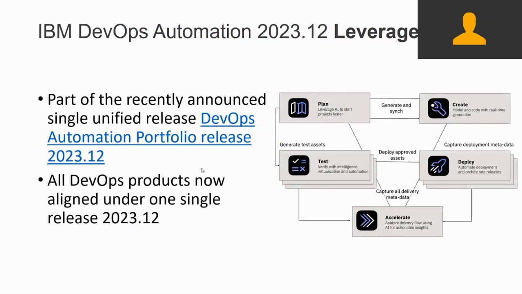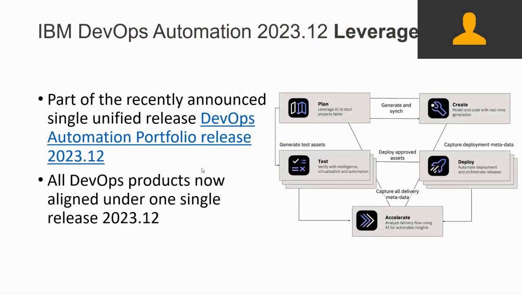But as a summary, I can say that the DevOps portfolio has been aligned into 5 big pillars. One is the plan, to be able to plan the work.